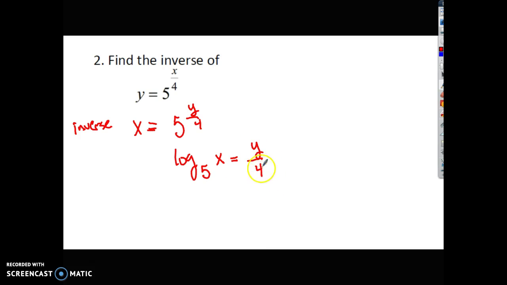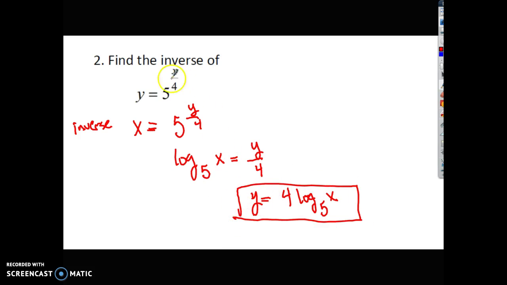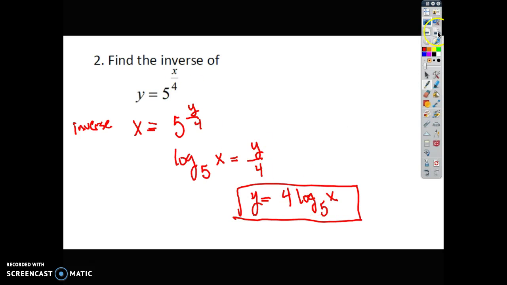All we have to do is get rid of the 4. How do we get rid of this 4? Well, it's divided by 4, so the opposite of that is multiplying both sides by 4. So then I'm going to end up with y is equal to 4 times log base 5 of x. And that is your final answer. Notice that the inverse of an exponential is a logarithmic. These two are opposite to each other.